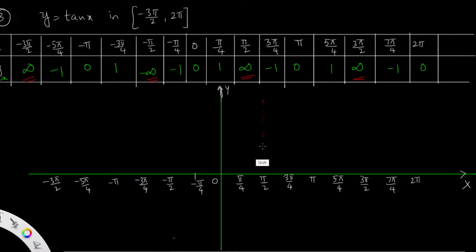So draw the graph at minus pi by 2, and the same thing at 3 pi by 2, nothing but infinity. Draw these as imaginary lines, and the same thing at minus pi by 2.